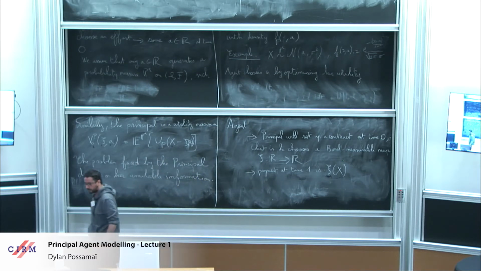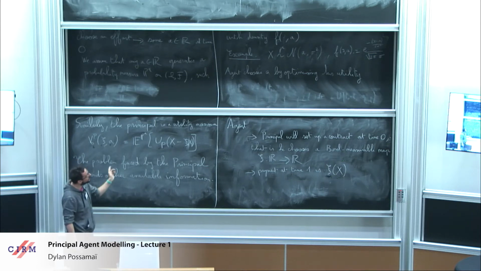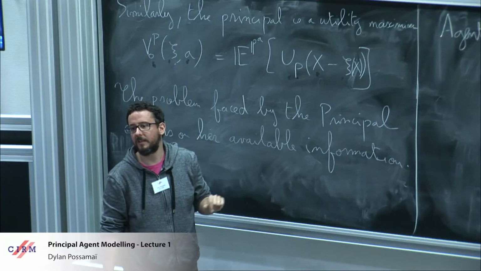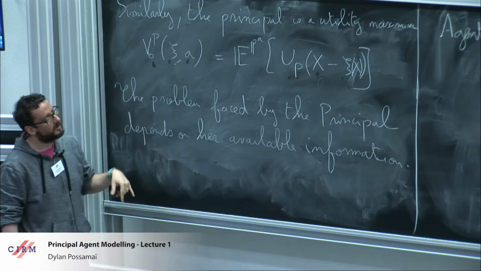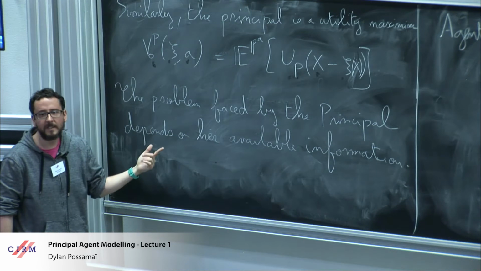So we're going to check the two cases I mentioned a bit earlier. The one where the principal has all information, and the case where the principal observes X but has no access to the effort that the agent is making, so the principal doesn't know A. So the first case would be the principal knows X and A, and the second case will be the one where the principal only knows X.